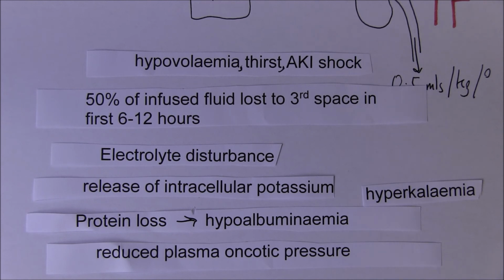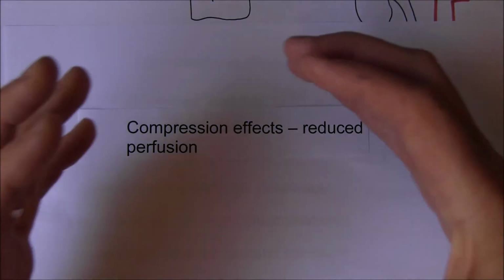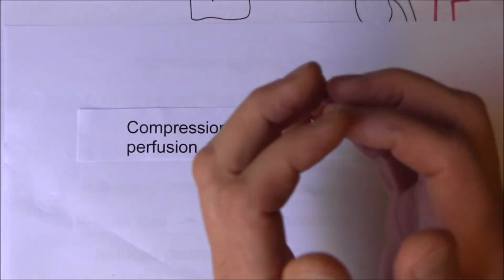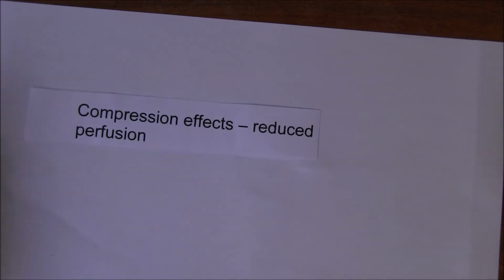Now I think in circulation, I'll just mention one other thing here. Compression effects. So all this edema can cause compression of the venous circulation especially, and that can reduce the perfusion locally.